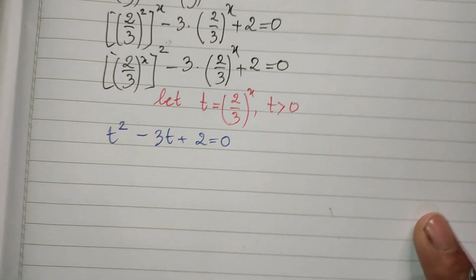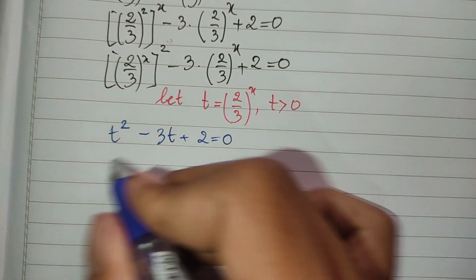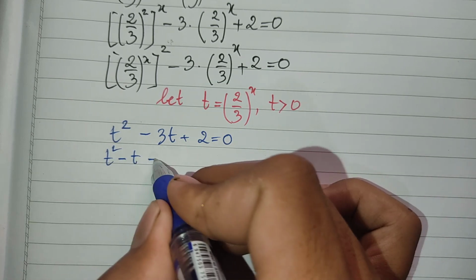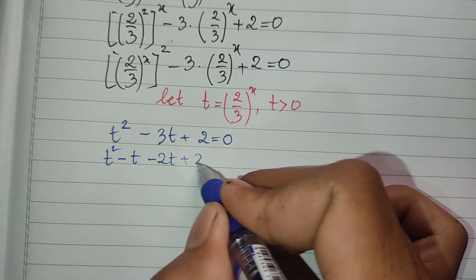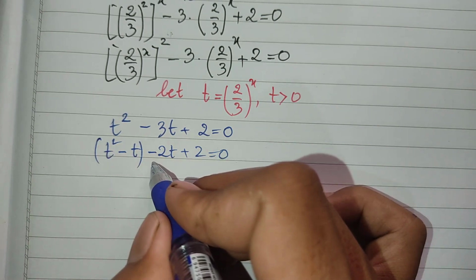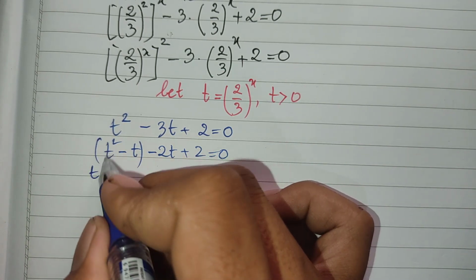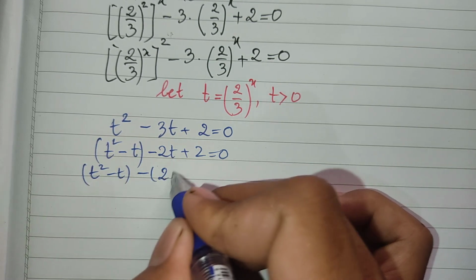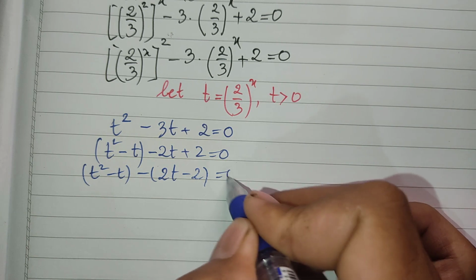Now we can write t squared minus t minus 2t plus 2 equals 0. And we group this, so we get t squared minus t, and minus 2t plus 2, equals 0.